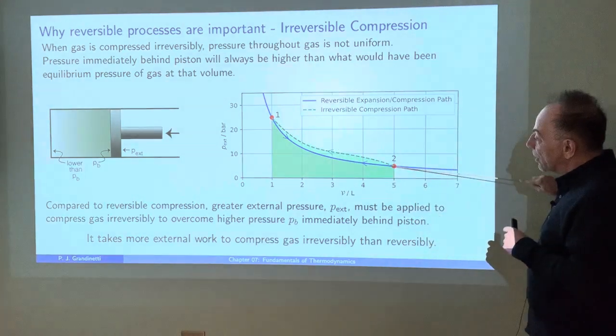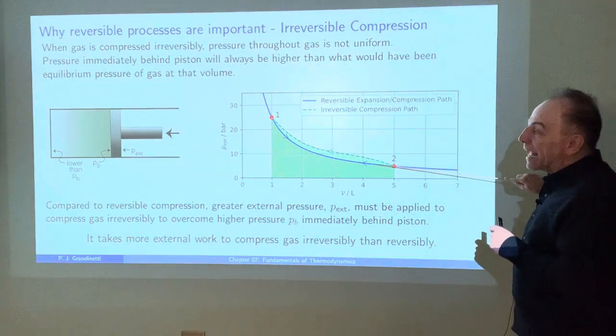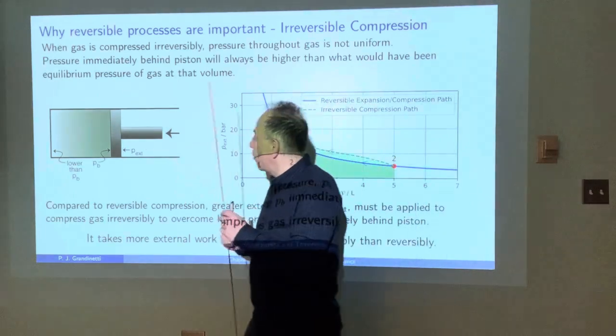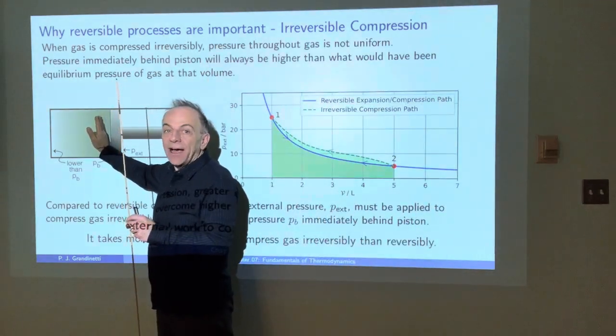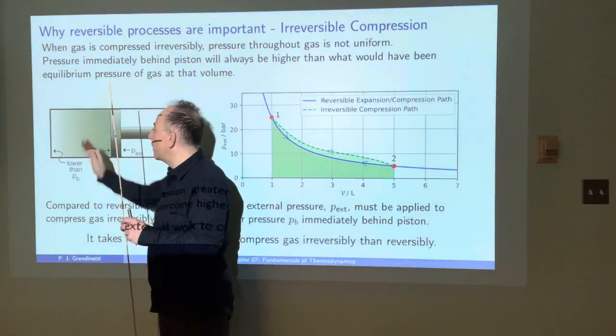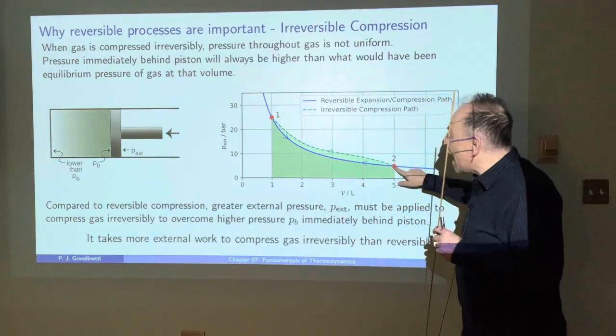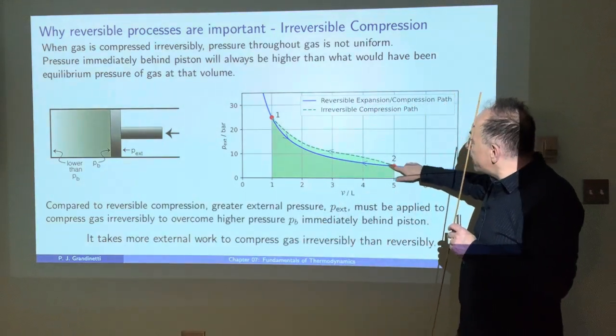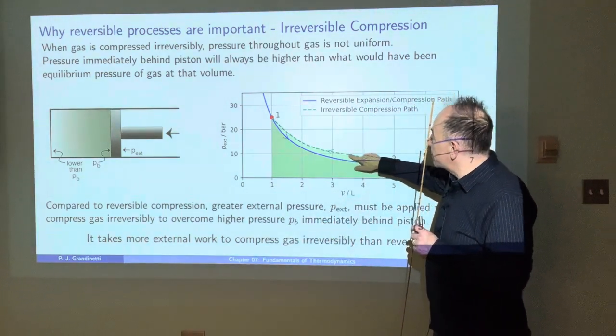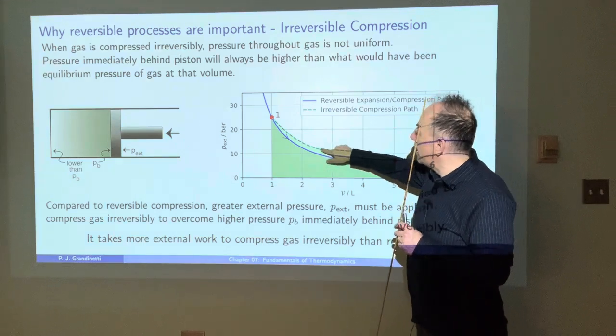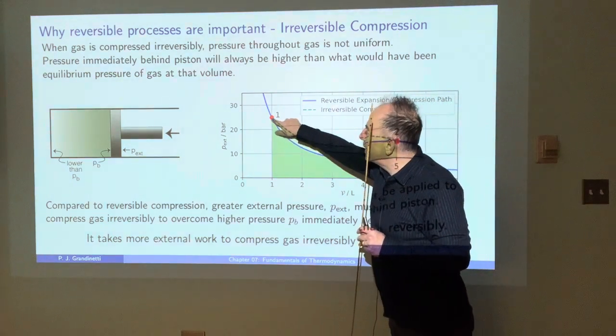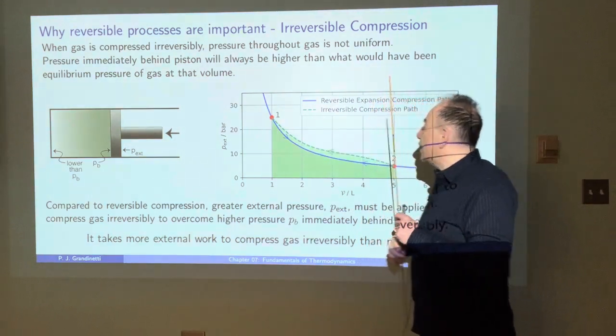Remember, the reversible compression is the equilibrium pressure, and that's always going to be lower than the pressure that's immediately behind us if I push it in too quickly. So that means the external pressure path is going to be above this line for the reversible compression, and it's going to stay above it pretty much till we get to the end, and then we reach the end and we're at equilibrium with the new state.